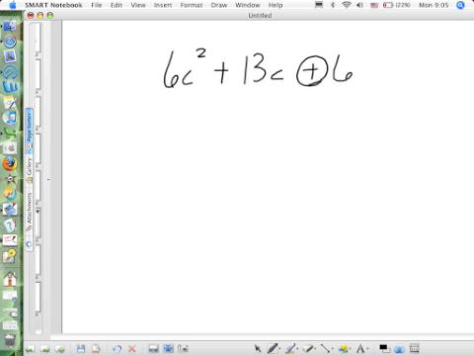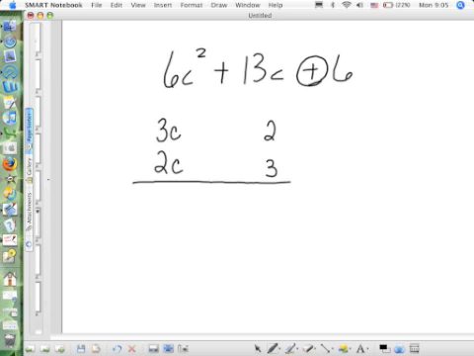If it still doesn't work, then you can either change this to 6 and 1 or change this to 6 and 2. As you get good at this, you'll start to know how it's going to go. Yes? I don't get it, because no factor of 6 adds up.